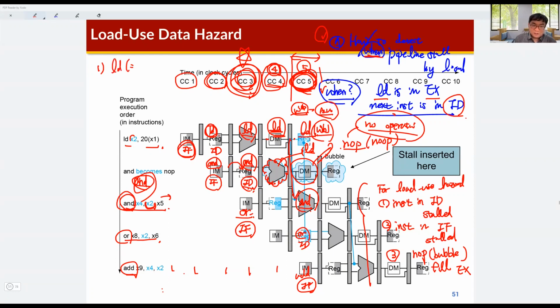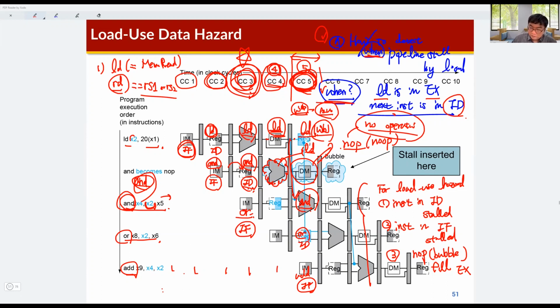The control signal is MemRead, and RD, the destination register of the load instruction, is equal to RS1 or RS2 of the next instruction.